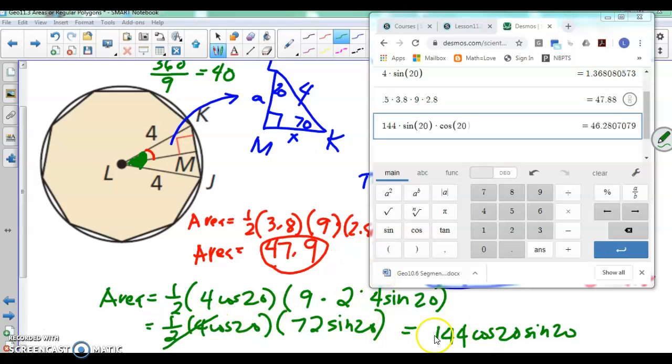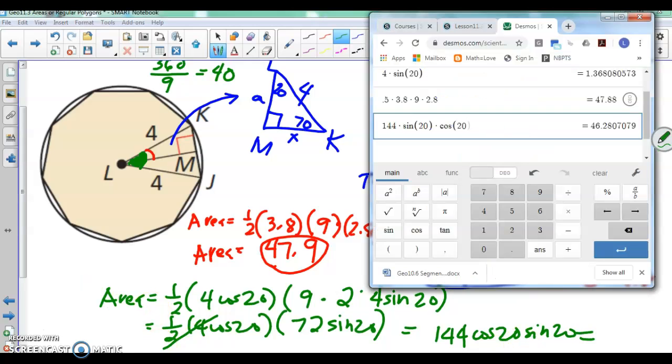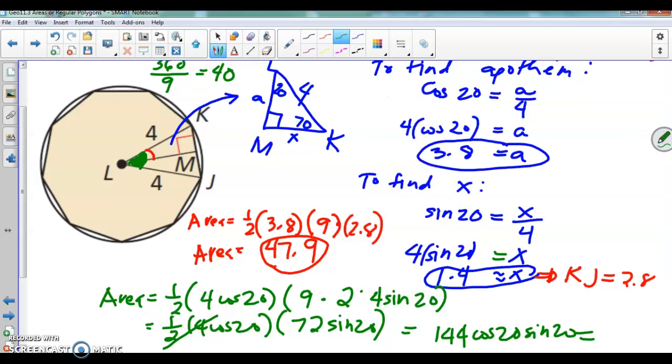If you enter this in your calculator, the result will be 46.28, or 46.3. There you go.